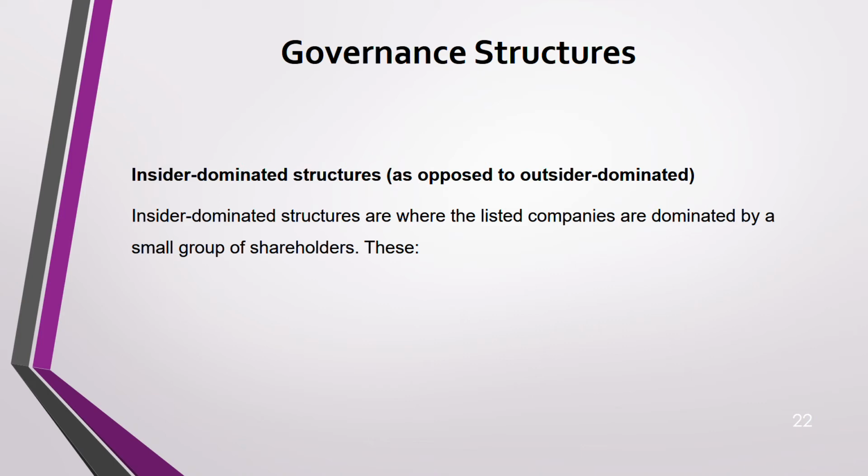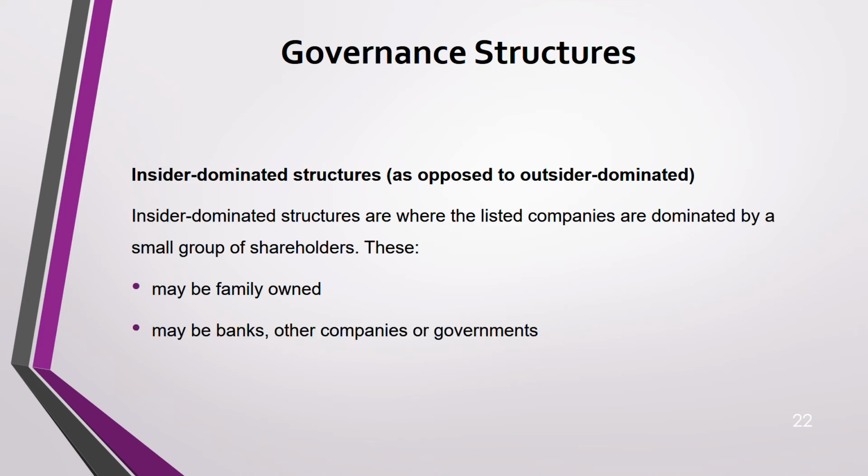Outsider dominated means still they are listed companies, but a large group of shareholders. Understand the difference first. Inside is very much like family owned. It is a listed company, but shareholders are very few. It could be banks or other companies or governments, and this nature is mostly followed in Japan and Germany. They have very many family owned businesses in Germany and Japan. You can even research more if you want to have a better understanding.